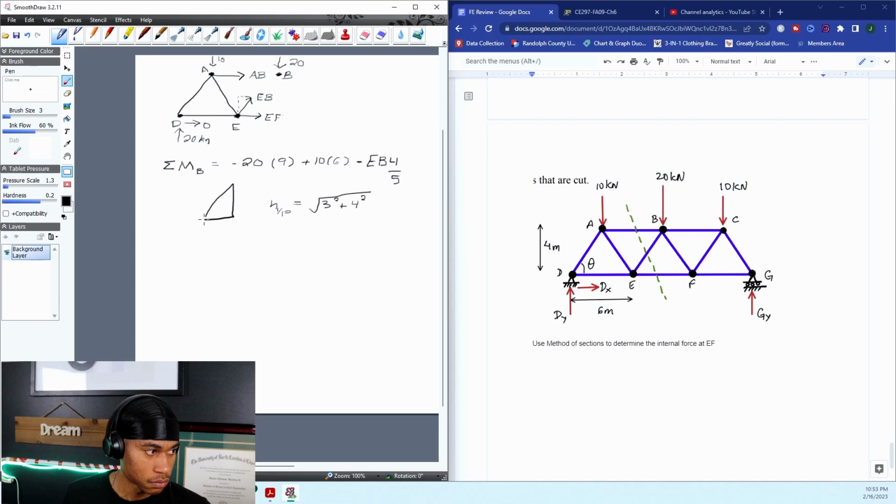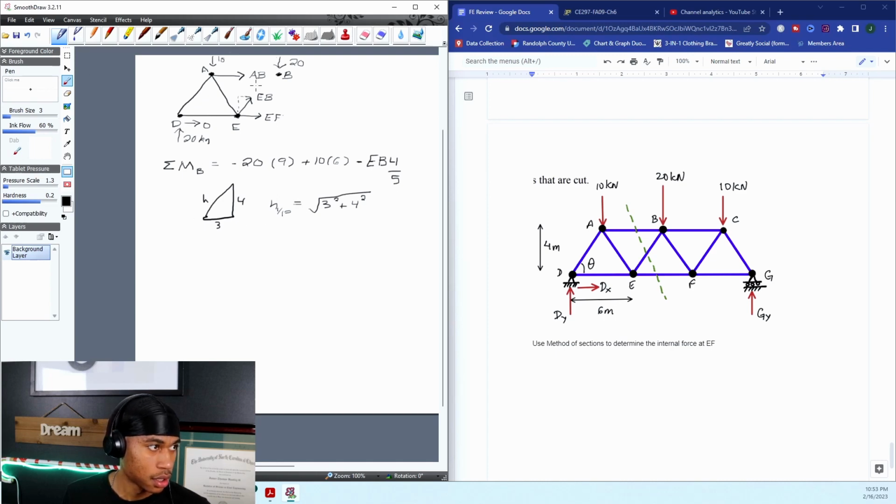This is your hypotenuse, and this is your 3, and this is your 4. Yep. So that's how you get 5.